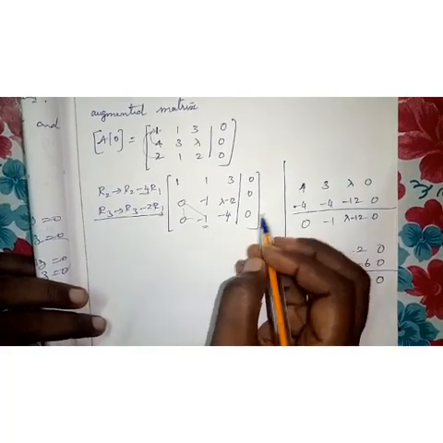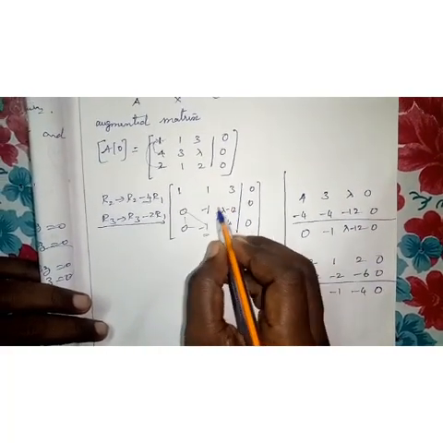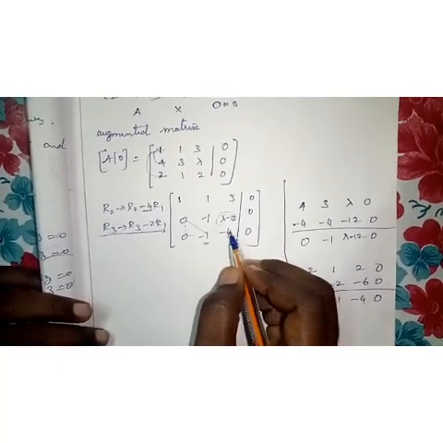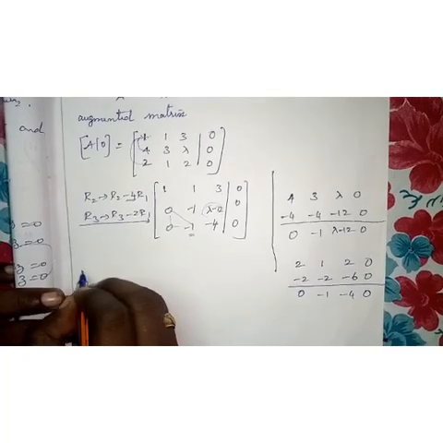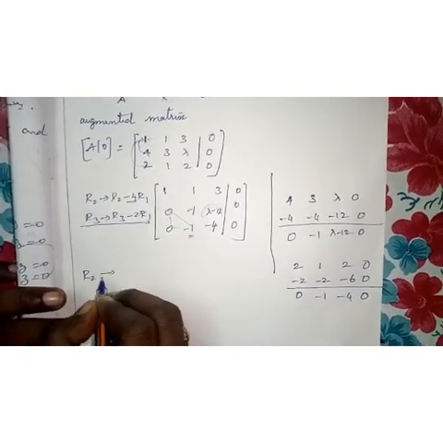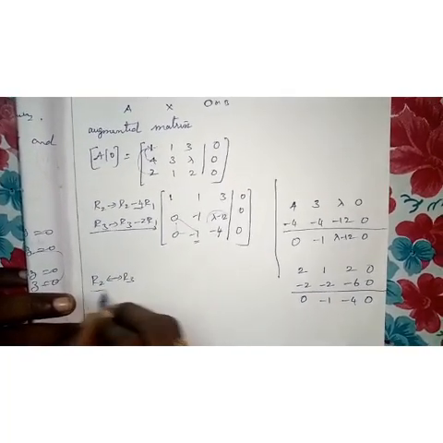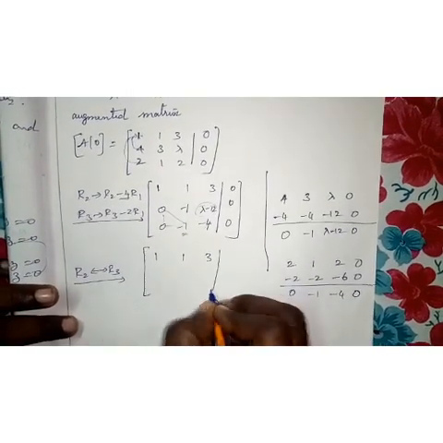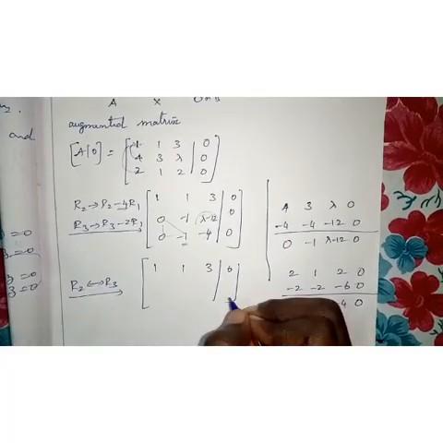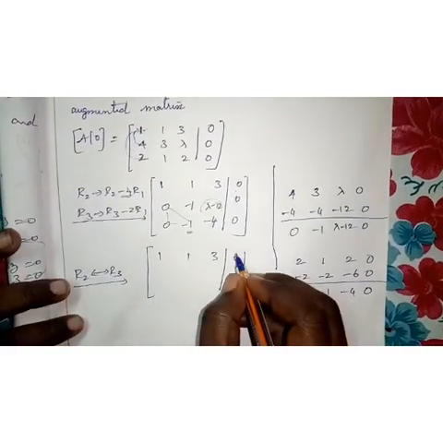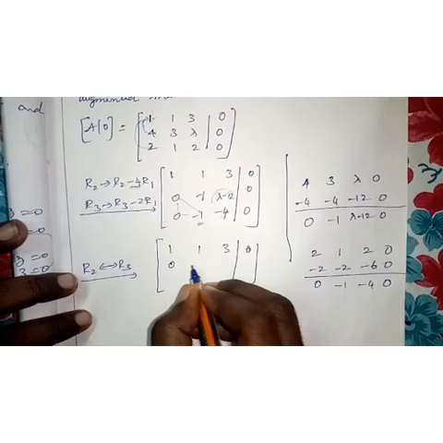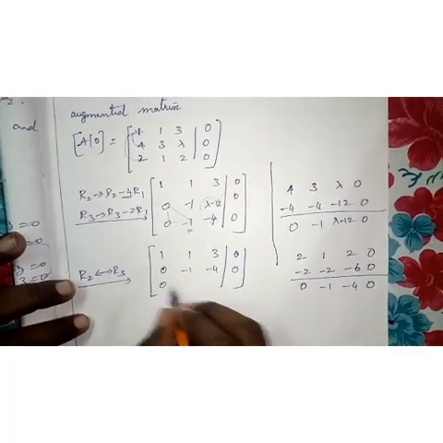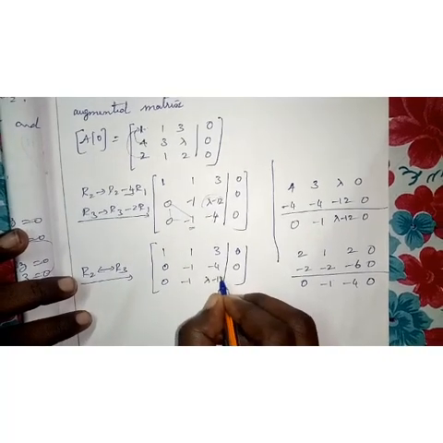Now we have to convert it to triangular shape. I want 0 here, but I don't want any lambda values here. Shall I interchange these two rows? R2 replaced by R3. Then 1 1 3 0, second row 0 minus 1 minus 4 0, third row 0 minus 1 lambda minus 12 0.